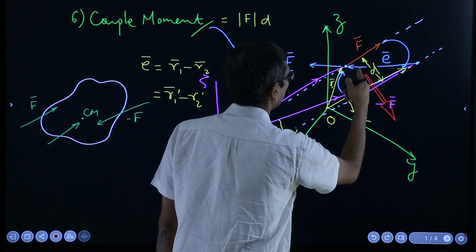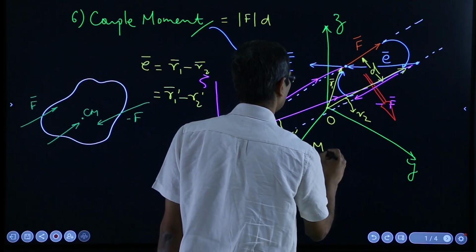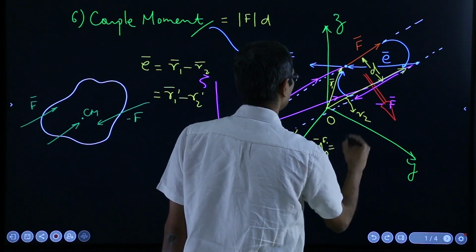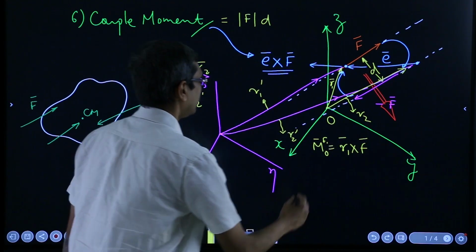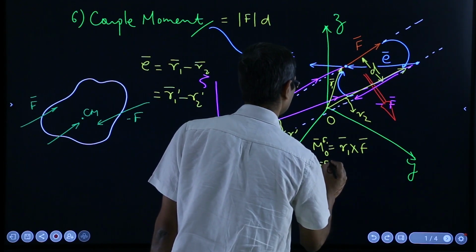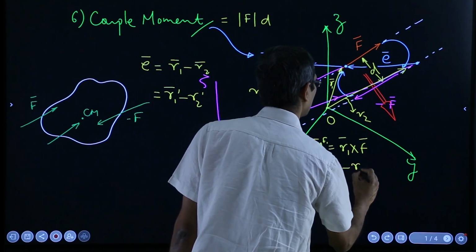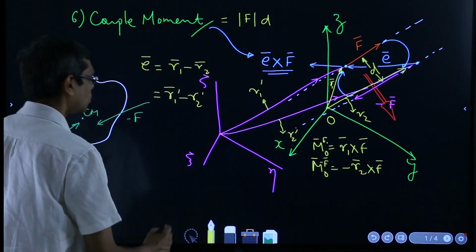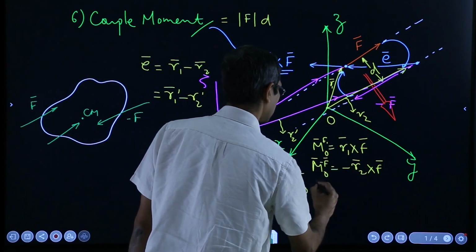The moment about origin of the force F1 is equal to R1 crossed with F. Then the moment of minus F about O is minus R2 crossed with F. This minus is because of this F. Now, the total moment about O because of both of them should be the addition of them.